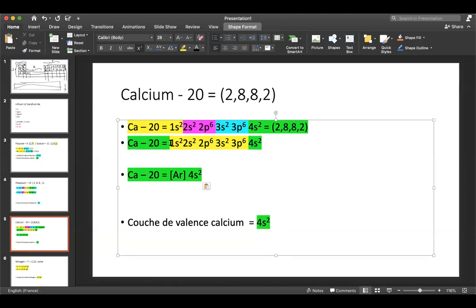The S occupies a maximum of 2, the P occupies a maximum of 6, the D occupies a maximum of 10, and the F occupies a maximum of 14. If you have that kind of arrangement in an atom, it means it has satisfied the octet rule.